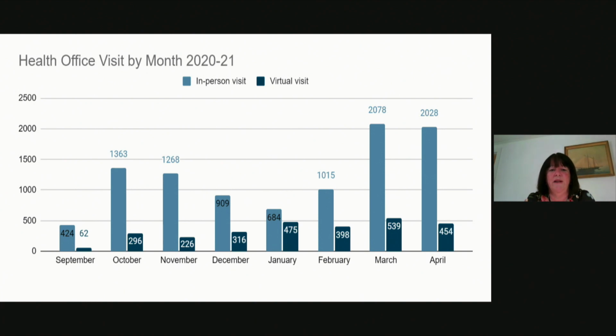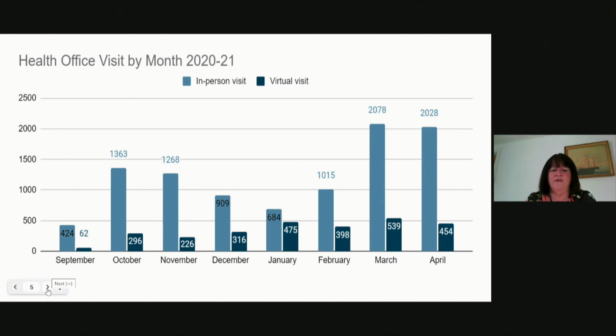This is statistics that I put together of health office visits for the school year 2020 to 2021. New this school year, you'll see in the lighter blue are in-person visits, and then the darker blue are virtual visits or telehealth visits. And this was new due to COVID-19. We've categorized our visits, and all this data I report monthly to the state Department of Public Health.